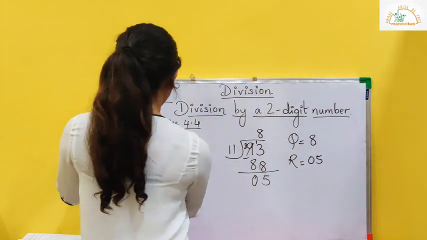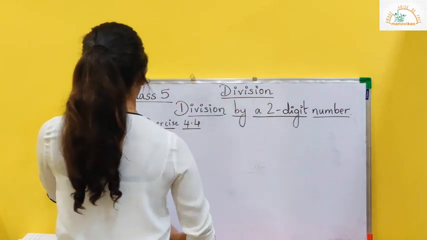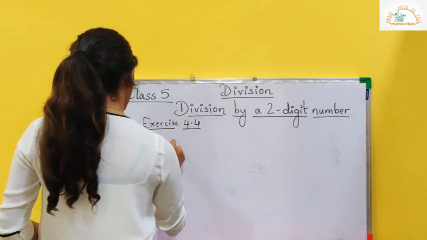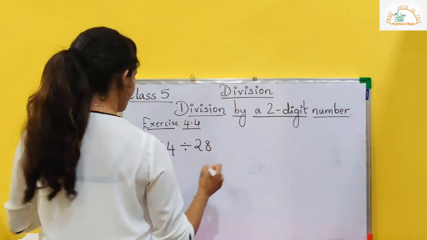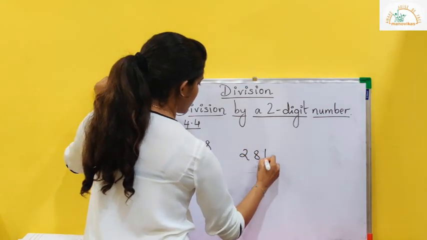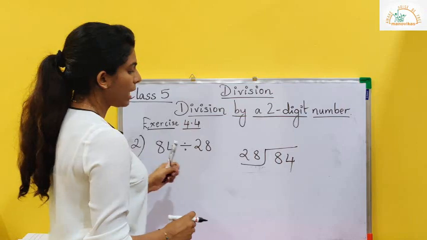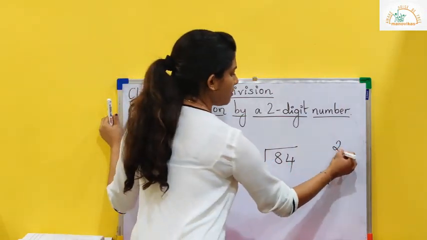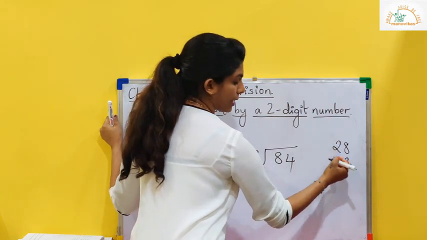Let's do the second one. 84 divided by 28. We do not know the 28 times table, so we can multiply and see whether we are getting 84 in the 28 times table.